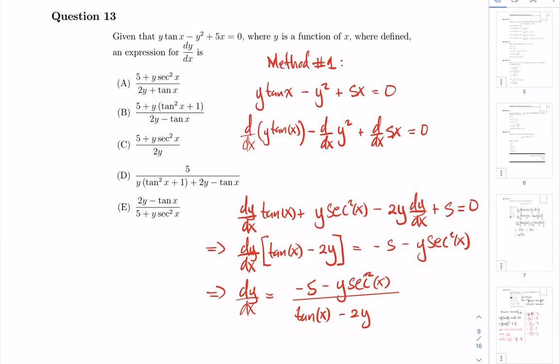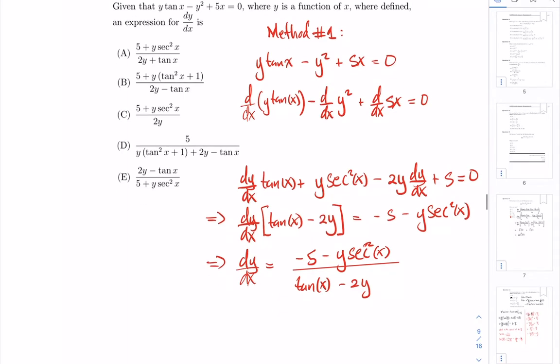And one thing to note here is that if I decide to change around my function, I can actually factor out a negative from both the numerator and the denominator. And so I can end up with 5 plus y times secant squared of x divided by 2y minus tan of x.